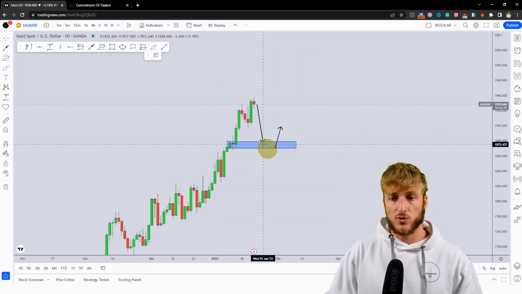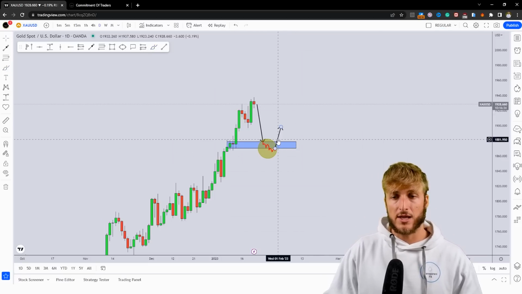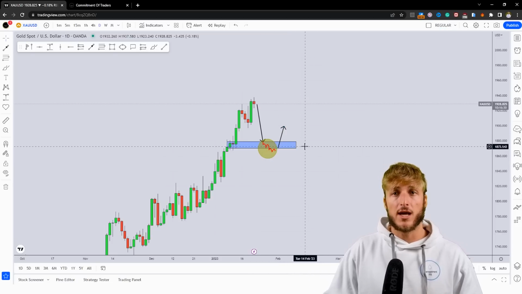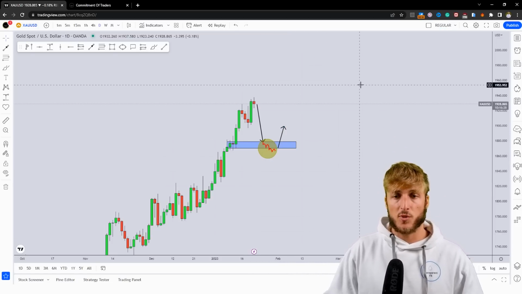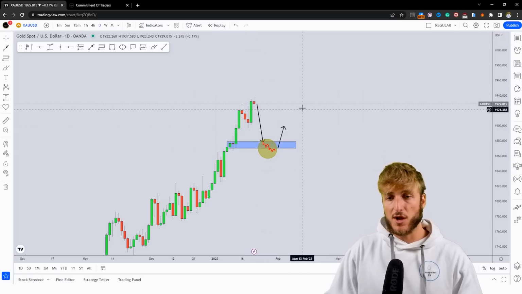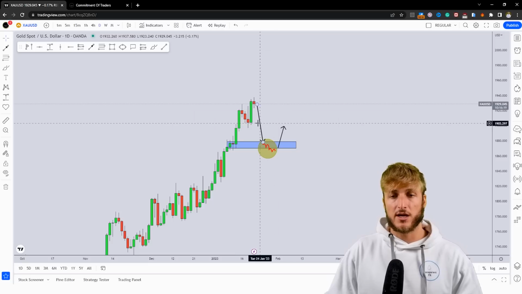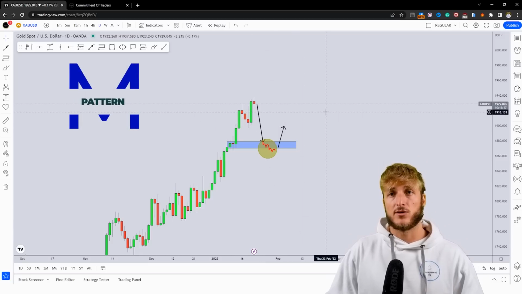Therefore, what we could be doing is monitoring price action from an intraday perspective during this move to the downside, waiting for the market to shift from an intraday bearish market to an intraday bullish market. And if the market shifts and provides one of our valid entries, at that point we could be looking for a potential reversal higher for the completion of this M pattern at the neckline.